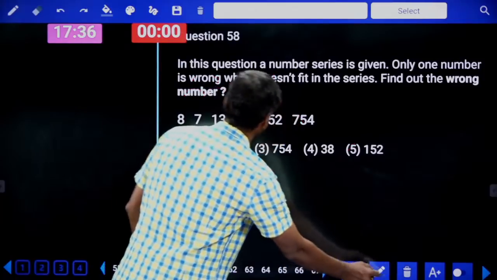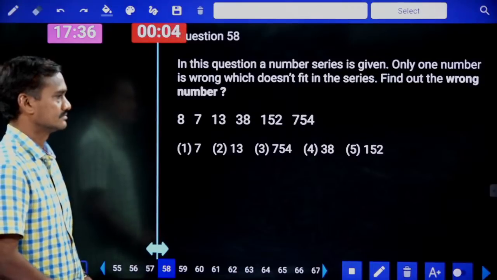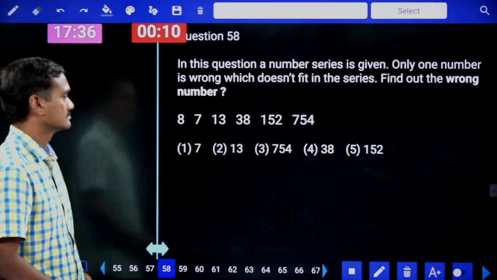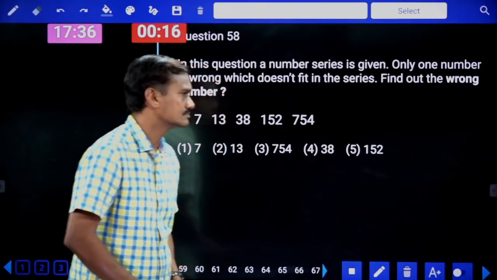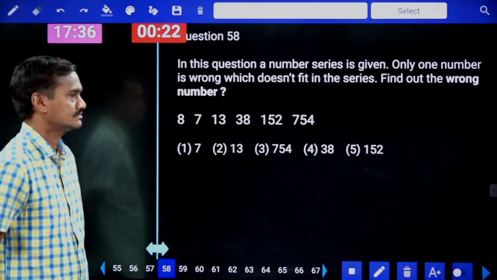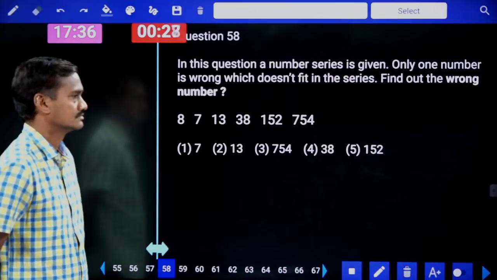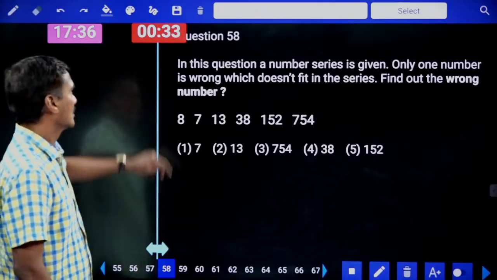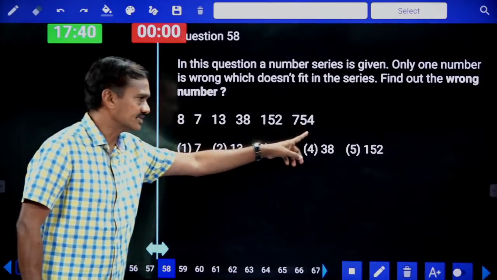Then coming to question number 58. Then coming to this one, numbers starting with 8 increase to 754.